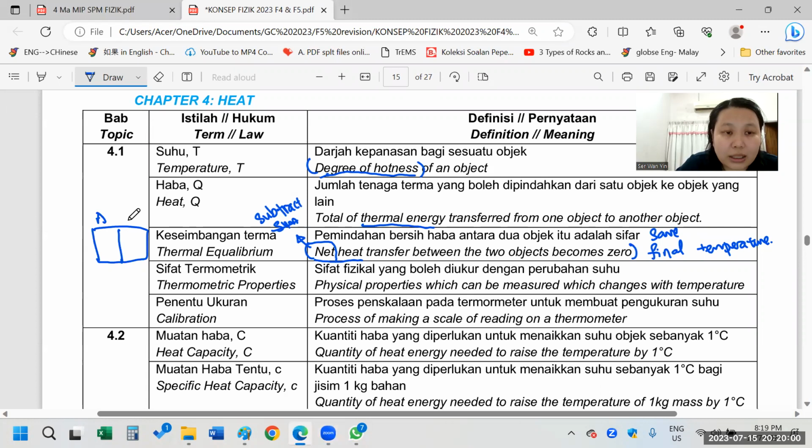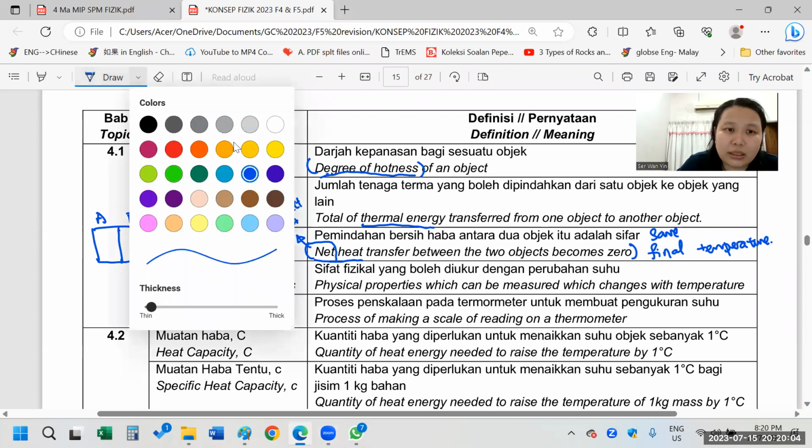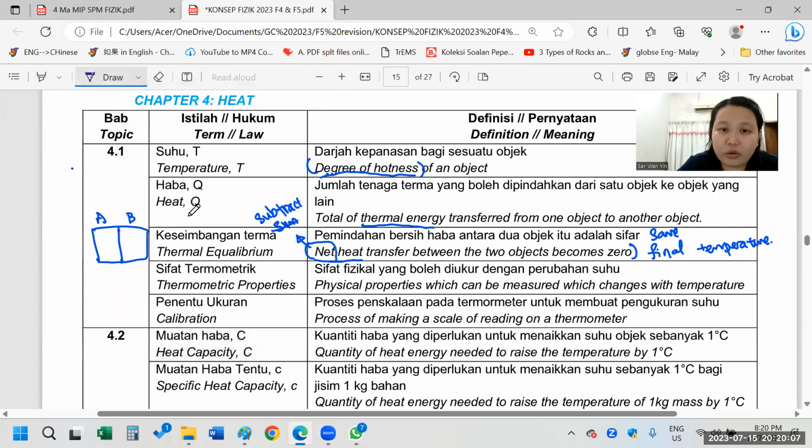This is object A, this is object B. So actually what is net heat flow? Net heat flow is 0. It's not saying that there is no heat flow. There is, from hot to cold.